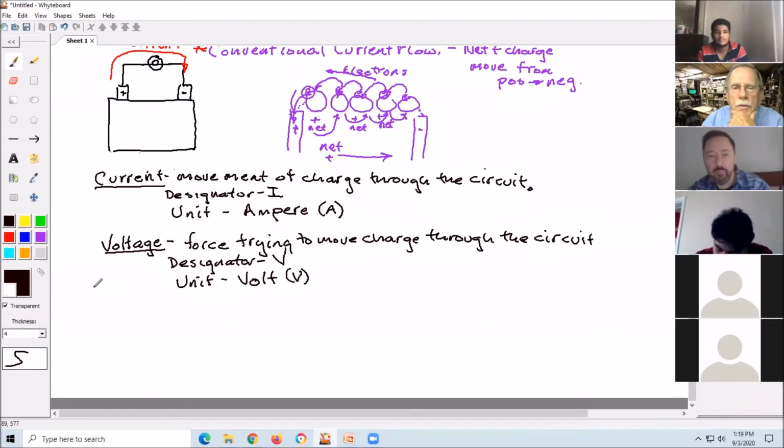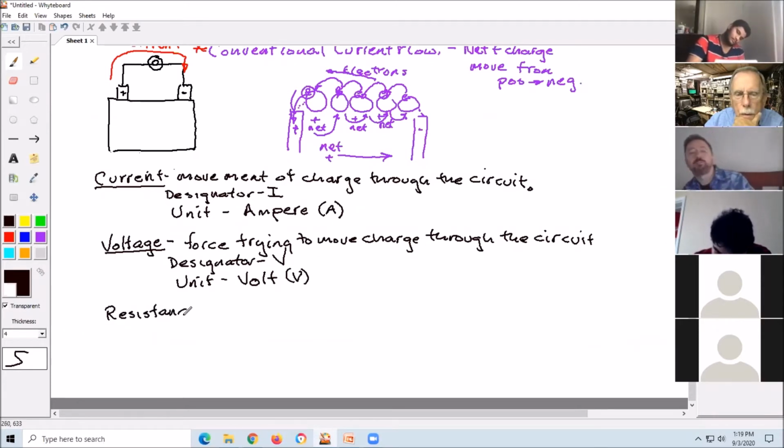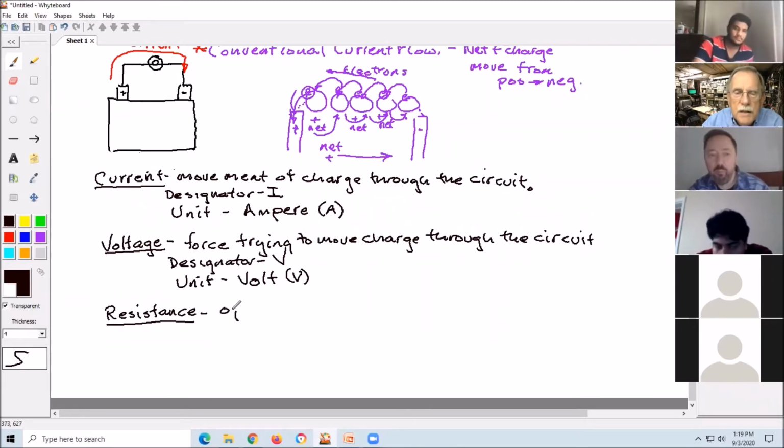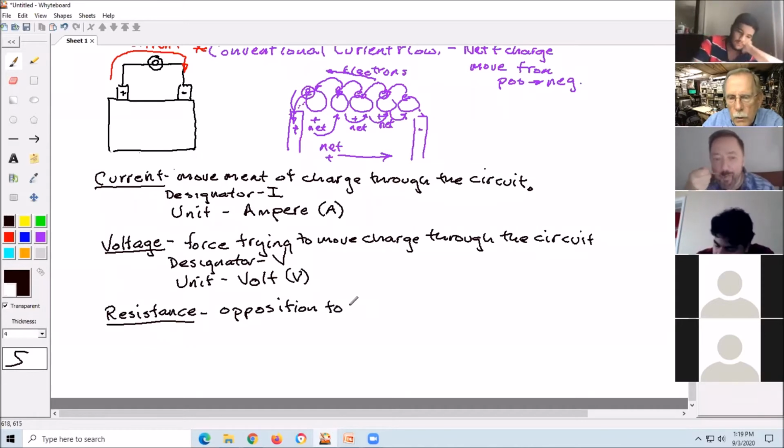The last part of the picture in a circuit is the resistance. And the resistance is the opposition to charge flow.